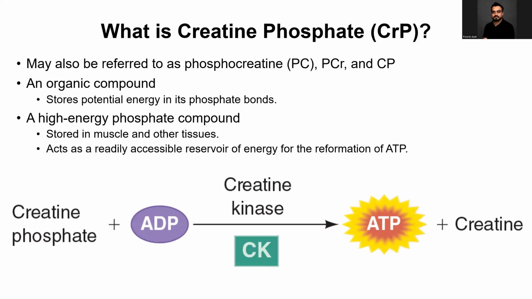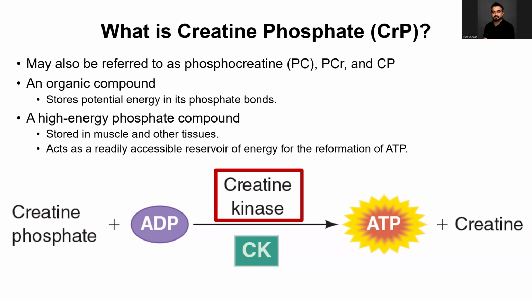And here is the reaction of creatine phosphate. It joins to ADP, and we have an enzyme here, creatine kinase. By the activity of this enzyme, we get ATP and creatine. So this creatine phosphate replenishes ATP, but we need an enzyme.